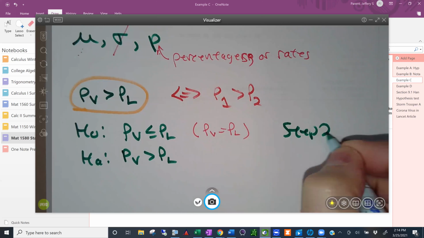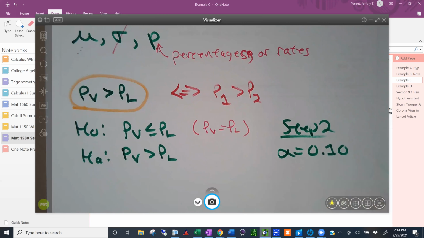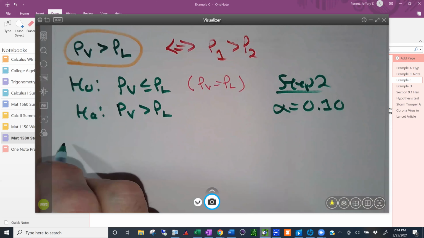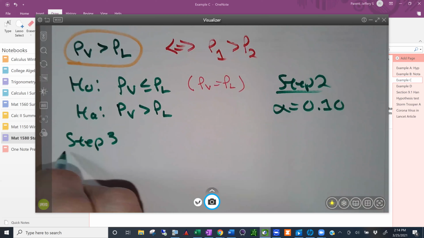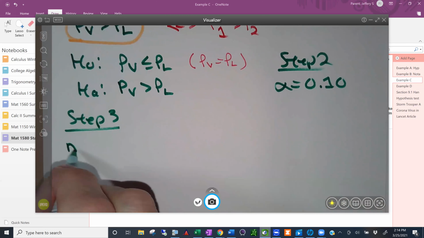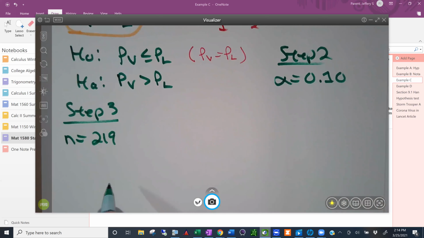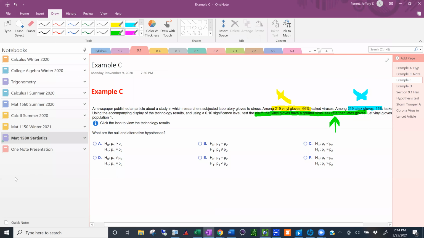Step 2, did they give us alpha? 0.10. I believe so. Yep, 0.10. And now step 3, we're going to have to do a little bit of thinking because we don't actually have the data, but we've got enough. They told us that the vinyl gloves had a 66% leak rate.